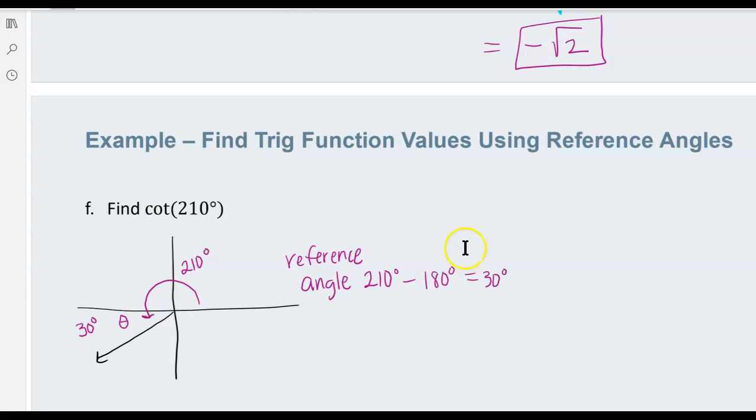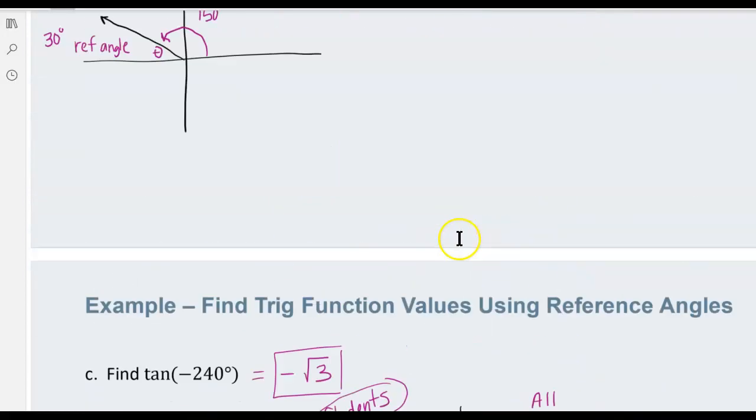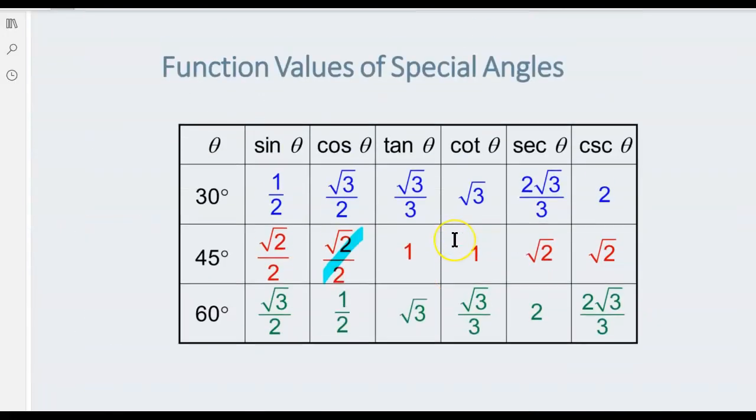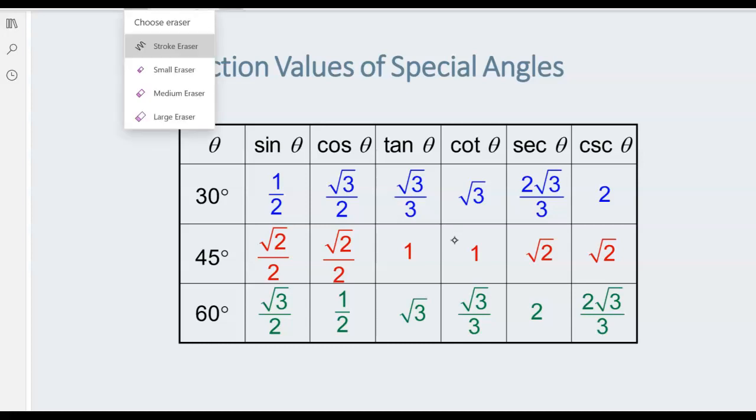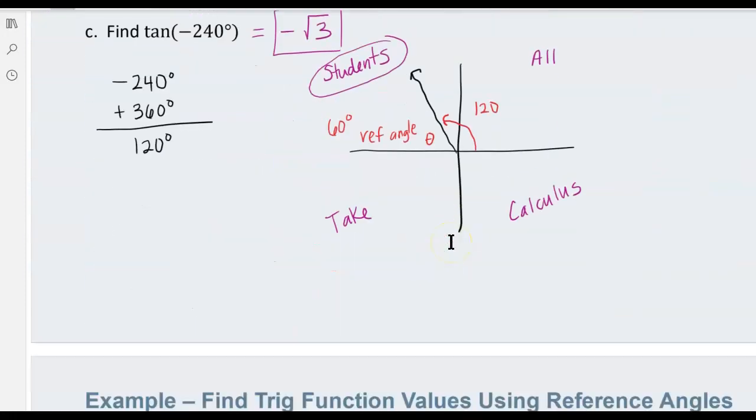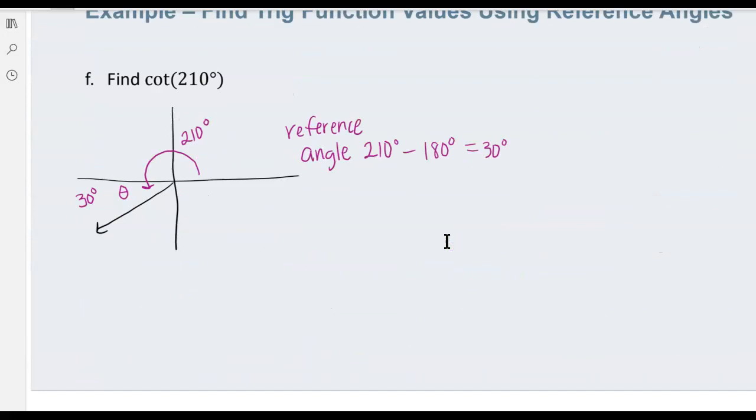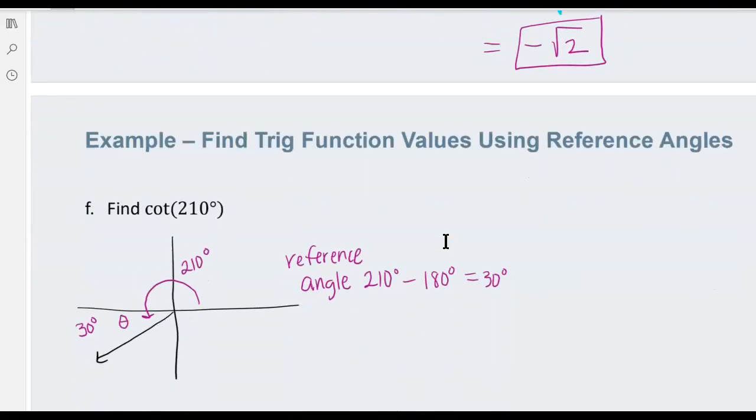If we go up to the chart that has all 6 trig values, I was in those first examples just showing you how to use the first 3 to find the other values, but we do have the cotangent here of 30 degrees, which is square root 3. So we know that this is going to be square root of 3.